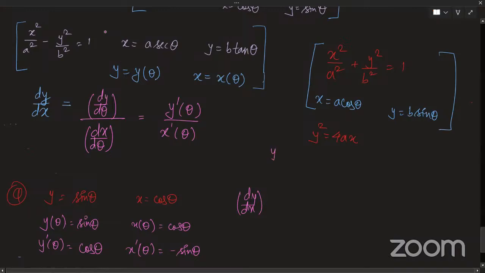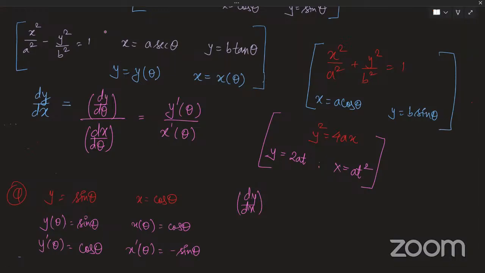So you take x equal to at square and y equal to 2at, right? 2at. That is what you're trying to say. Yeah, this is what you do, right? Everyone? Yes, sir. So, okay, great. Conic sections bhi bhul gaye.